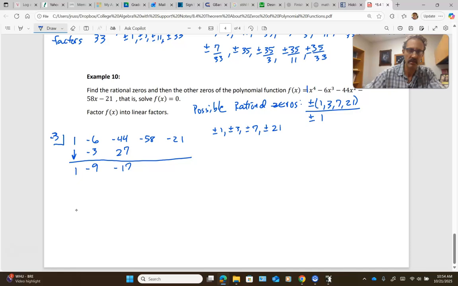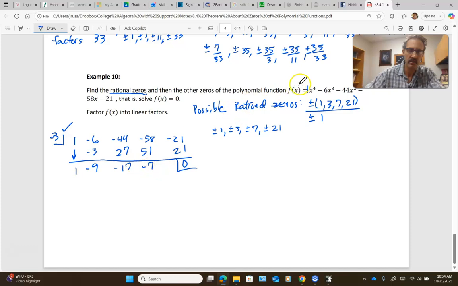Yes. -3 times -17 is +51. -58 plus 51 is -7. -3 times -7 is +21. And so this checks out. This verifies that -3 is a 0, and it's one of your rational zeros.